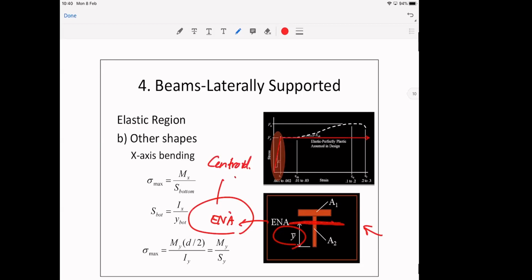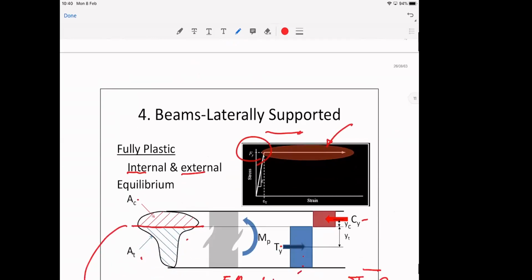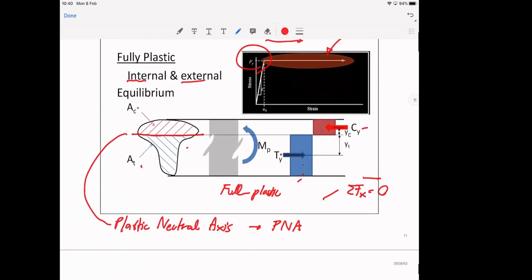It is at the same location as the centroid. But for the plastic neutral axis, you need to find the axis that divides the area of your cross section into two equal areas, one under tension, another under compression.